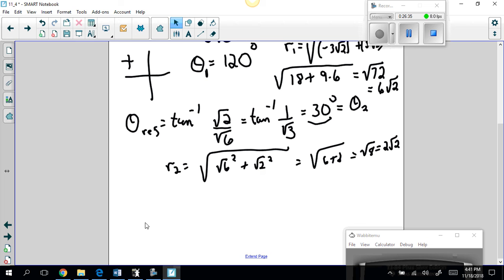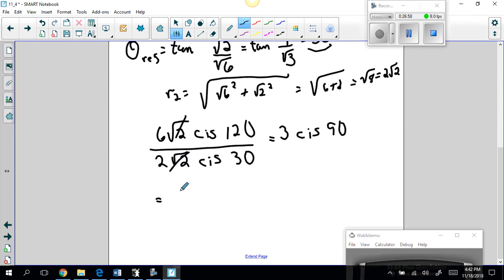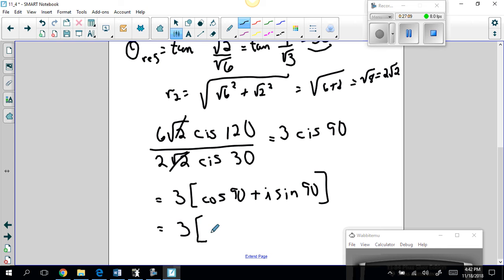So we got 6 radical 2 CIS 120 over 2 radical 2 CIS 30, which equals 3 CIS 90, which equals 3 cosine 90 plus i sine 90, which equals 3 times 0 plus i times 1 equals 3i.